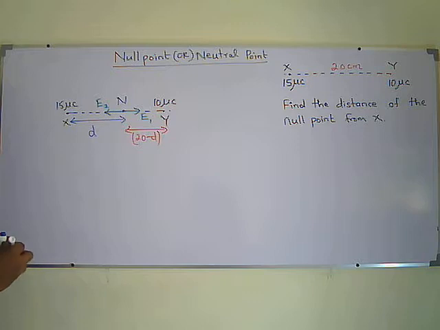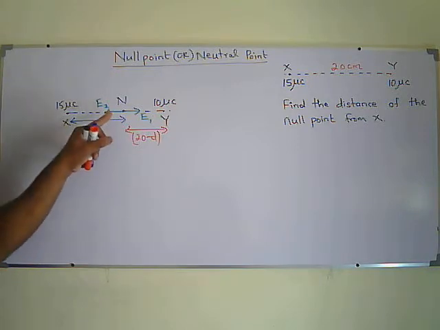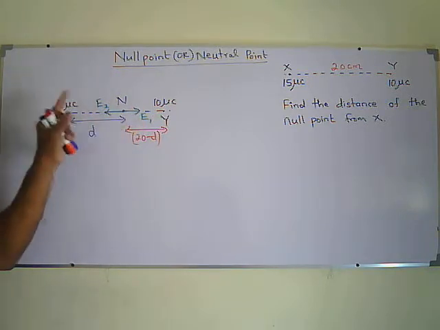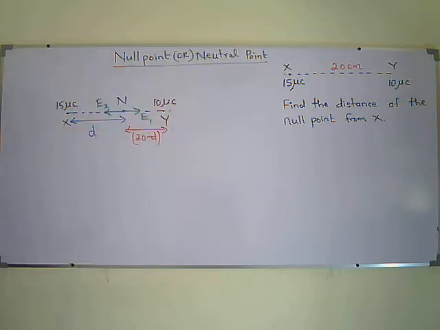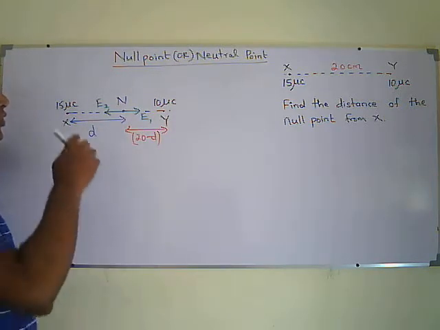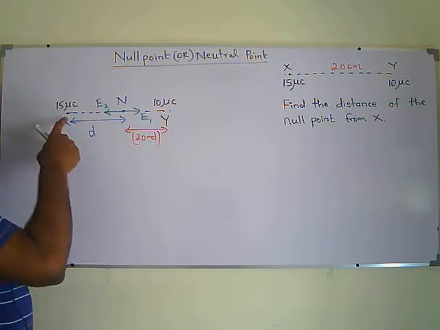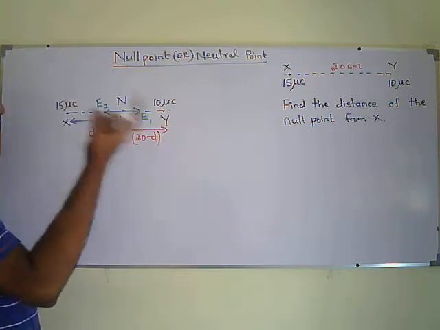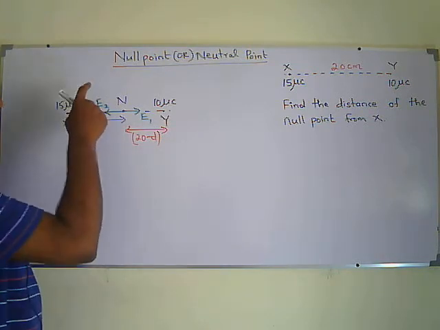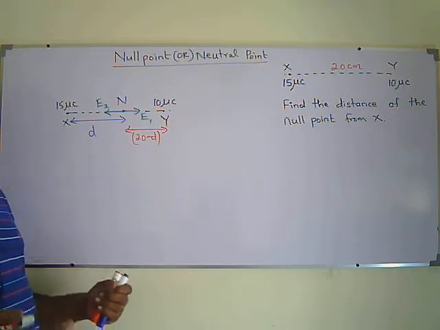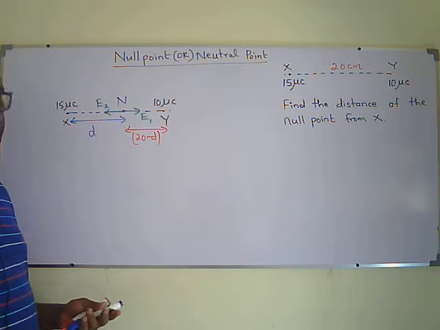Now there is a possibility, because at N the directions of the electric field strengths of 15 and 10 are opposite. Only thing, they should have the same magnitude. So E1 and E2 can have the same magnitude depending on the distance d. So we will find the distance d such that E1 and E2 have the same magnitude. Then they will cancel each other.